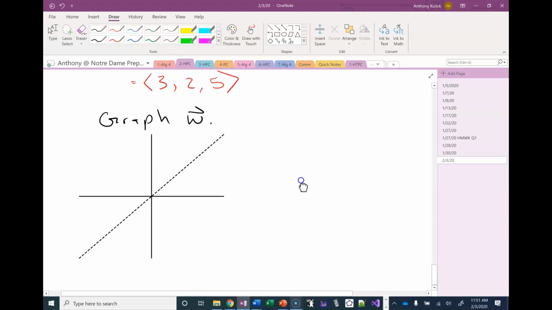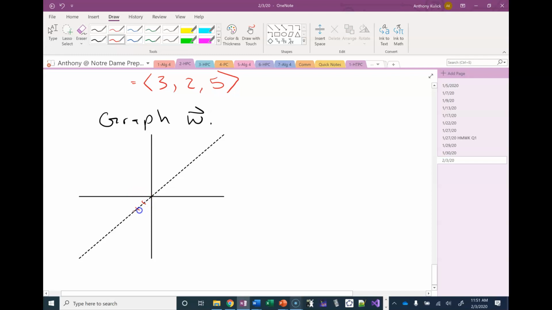So the first thing we're going to do is plot the point 3, 2, 5, and then draw our vector from the origin to that point, just like we did in 2 dimensions, right?